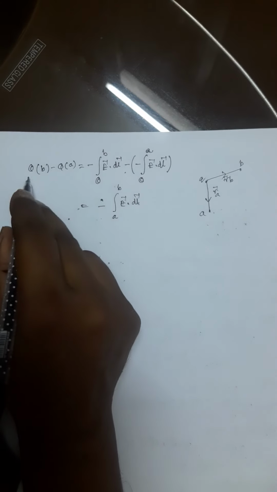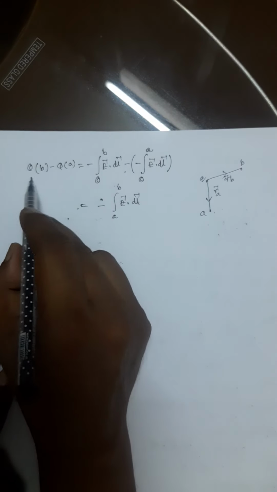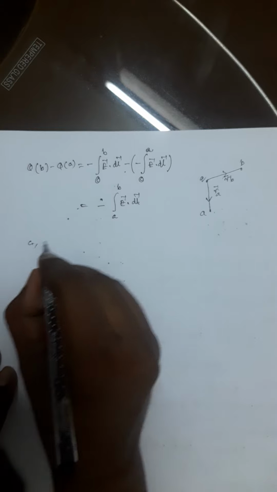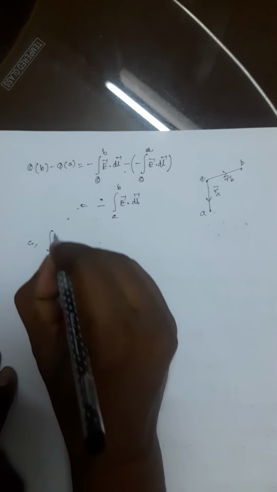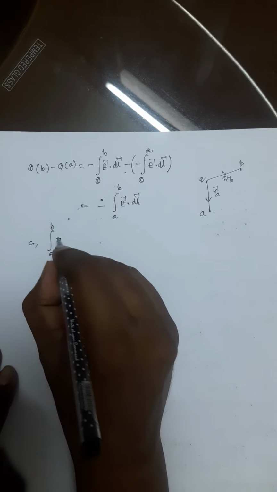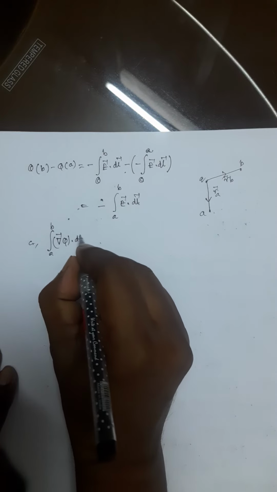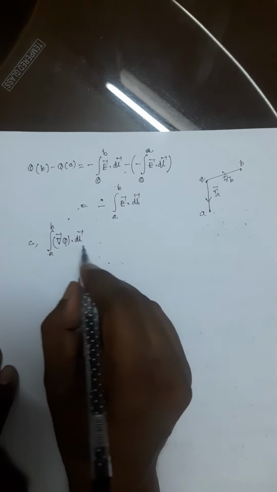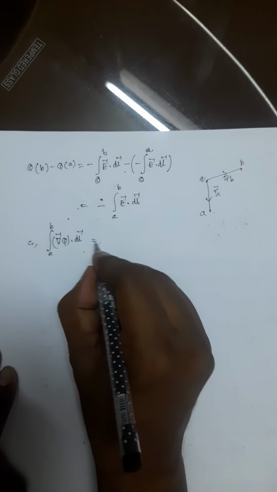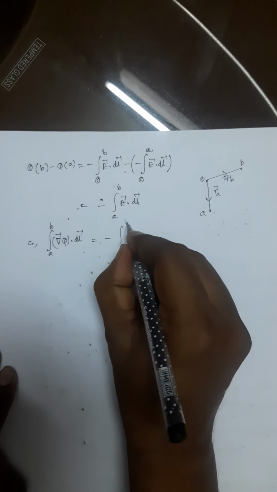And the left hand side, that is the difference in the potential, can also be written in this way: integration A to B of grad phi dot dl. So this will be minus A to B E dot dl.